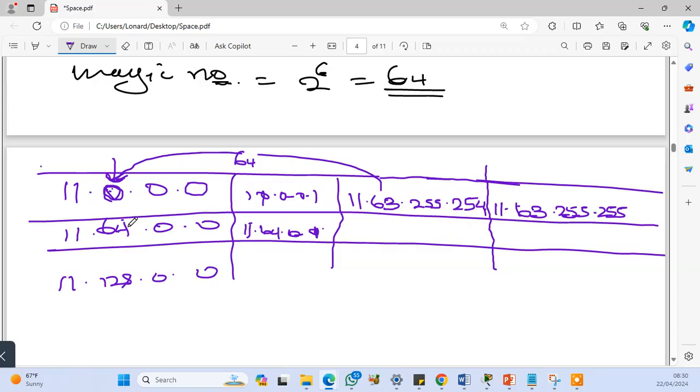So once I get 128, I will subtract the 1 and remain with 127, then dot 255, then dot 254, because it's the usable address, and the other one will be the broadcast, 127.255, then dot 255. I hope it makes sense.